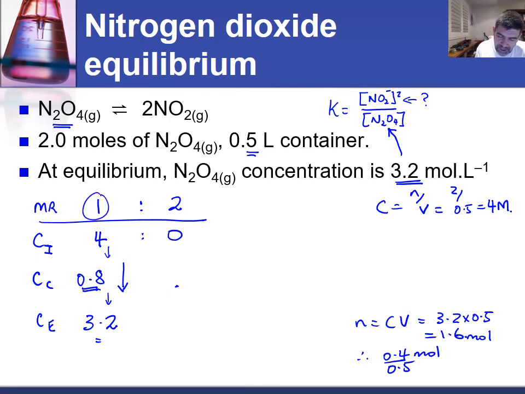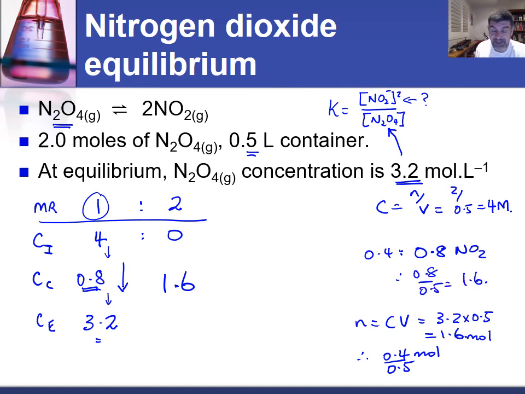Now we need our mole ratio because the change is how much of the N2O4 reacted. And we know because the ratio is 1 to 2 that there must be 1.6 over here. Now that 1.6 comes from 0.4 moles reacting, which gives us 0.8 moles of NO2 produced, and therefore 0.8 on 0.5 is equal to 1.6.